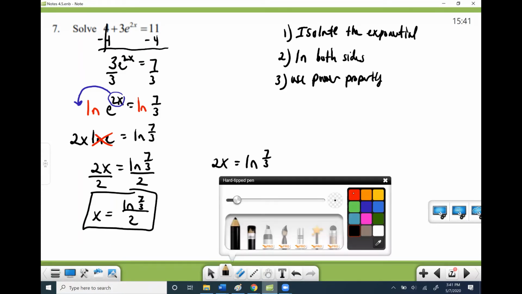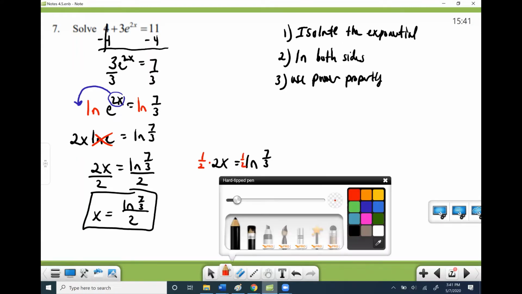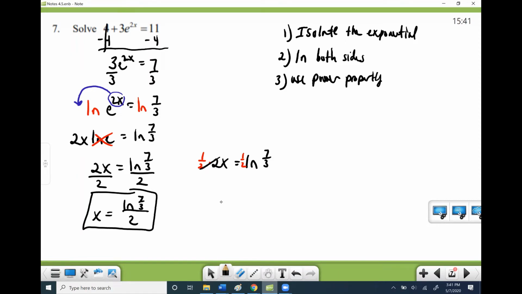But another thing that people do is they'll multiply by the reciprocal to both sides. And so they'll actually write it in the following way. You'll see both. Okay, so just in case you're taking a multiple choice test, I want you guys to be ready for both of those. So I'll put an or between these. Okay. All right.